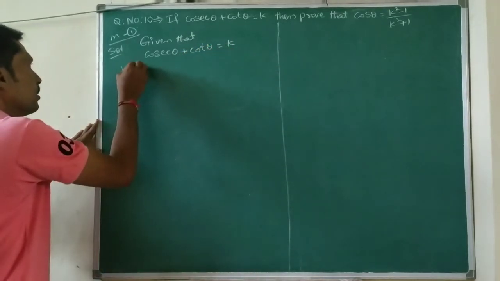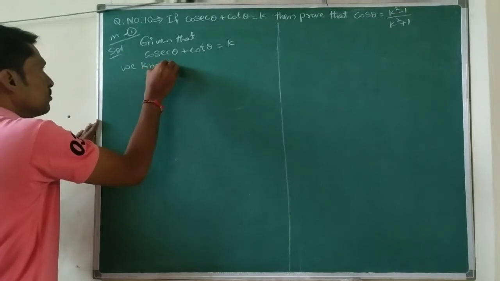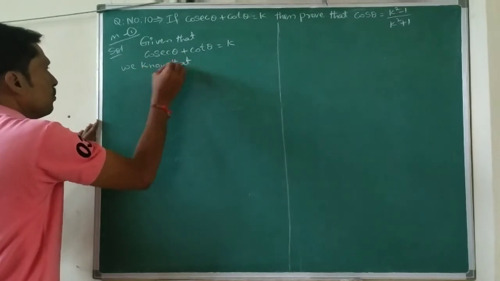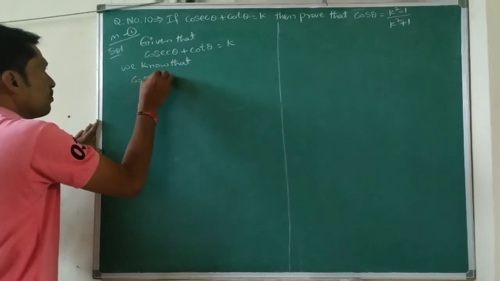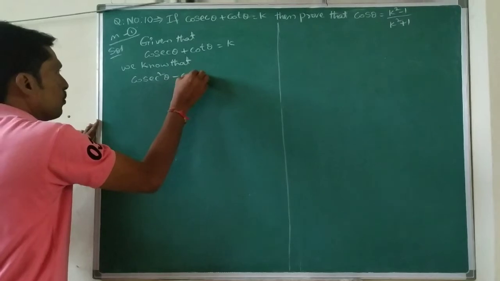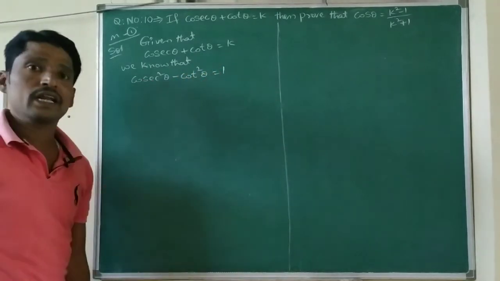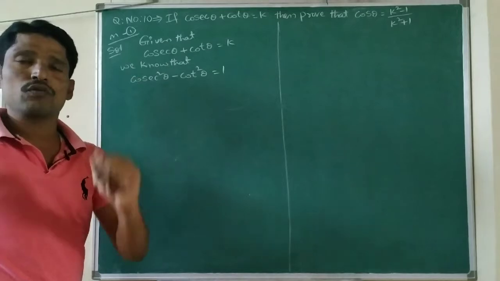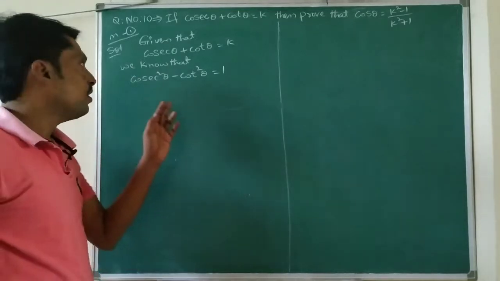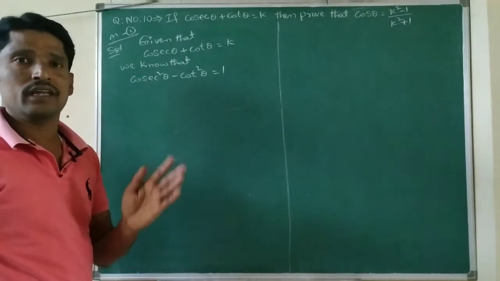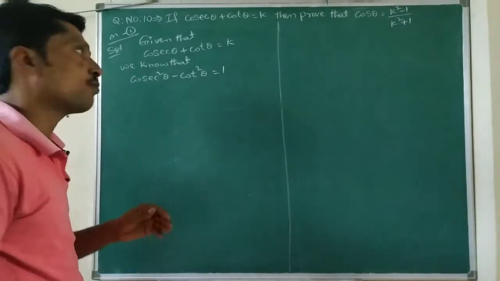So we know the identity: cosec square theta minus cot square theta equals 1. Here it is of the form a square minus b square. A square minus b square, what is the identity? A plus b into a minus b.